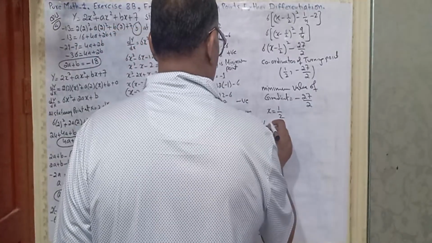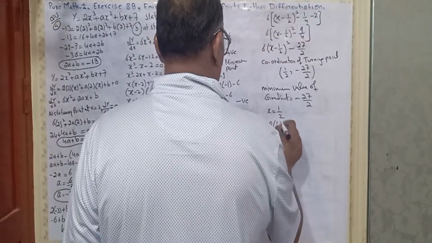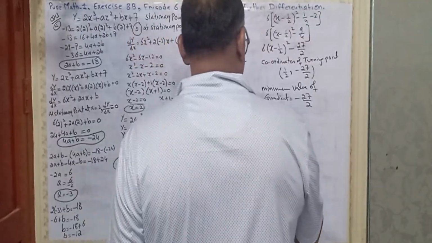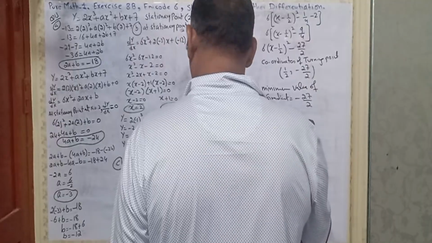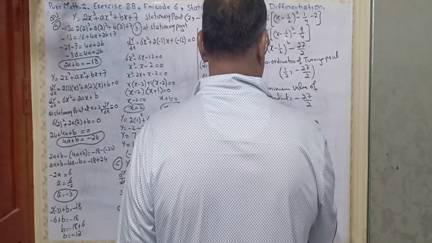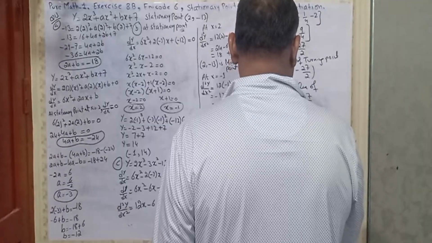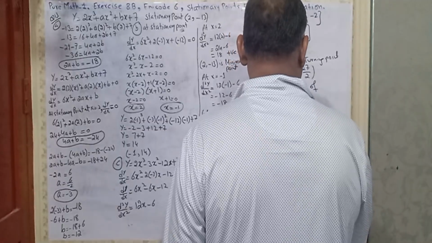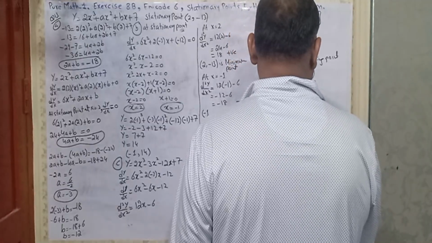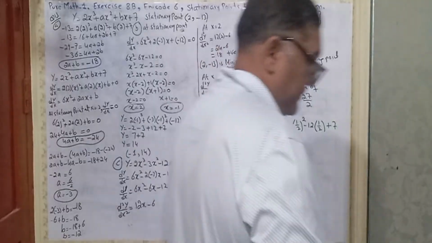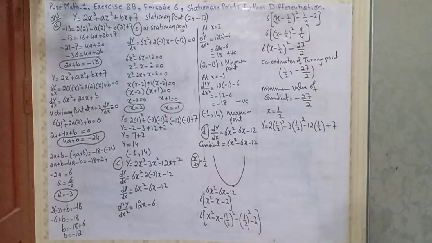Y is equals to 2 into 1 by 2 and its cube minus 3 into 1 by 2 and its square minus 12 into 1 by 2 and plus 7. Okay. So I put that x value into the original equation to find out the value of the y, because I need to find out the coordinates of that point.